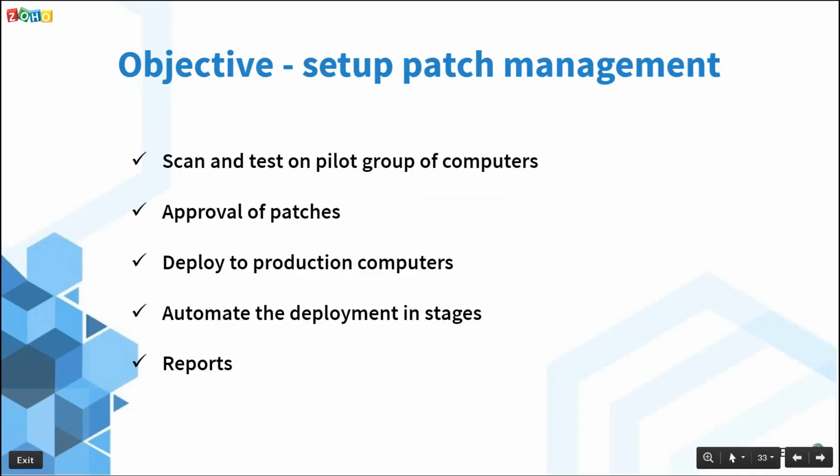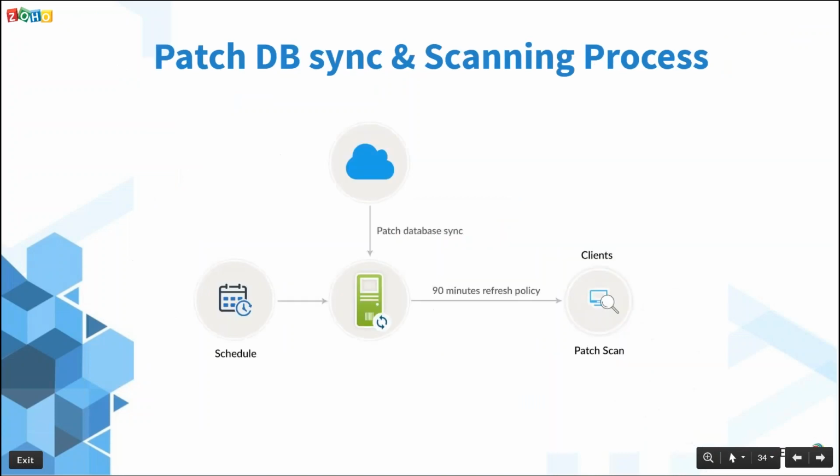So till now, we have seen how to configure the proxy and how to automate the patch DB sync. What exactly happens here is, this is your server, and based on the schedule, your server will reach the database and collect the information. Once the sync process is done, for the next 90 minutes, any machine which is reaching the server will be scanned automatically.